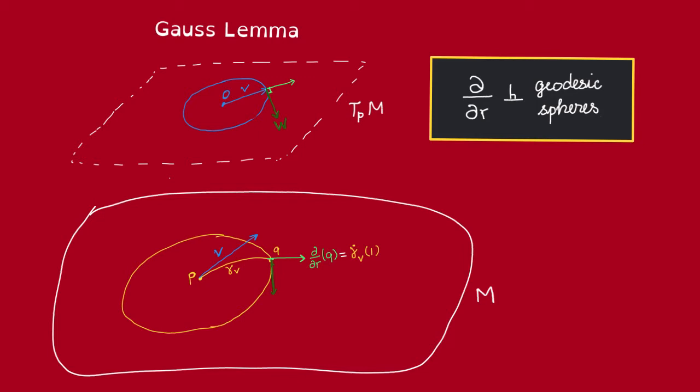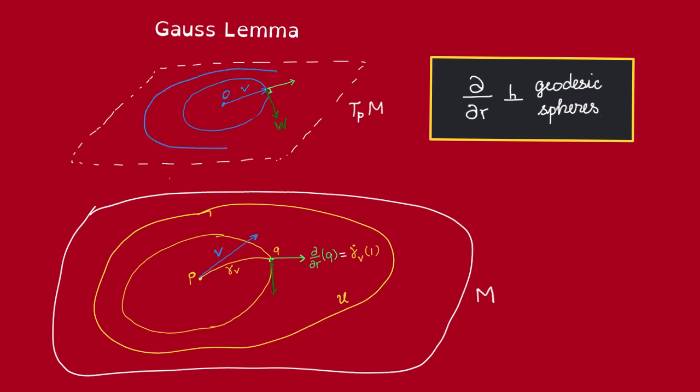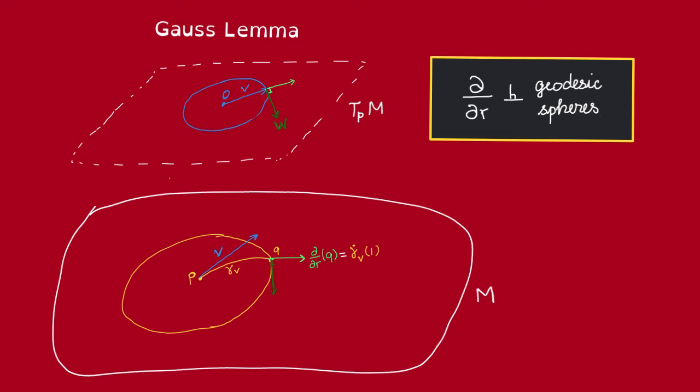Let's say we have a geodesic ball centered at P. Let's call it U. Remember, that means it's the diffeomorphic image of some ball centered at the origin in this tangent space. Now let's take a point Q lying inside this geodesic ball, and then let's look at the geodesic sphere through Q. So Q corresponds to some point up here via that diffeomorphism we just mentioned, right?